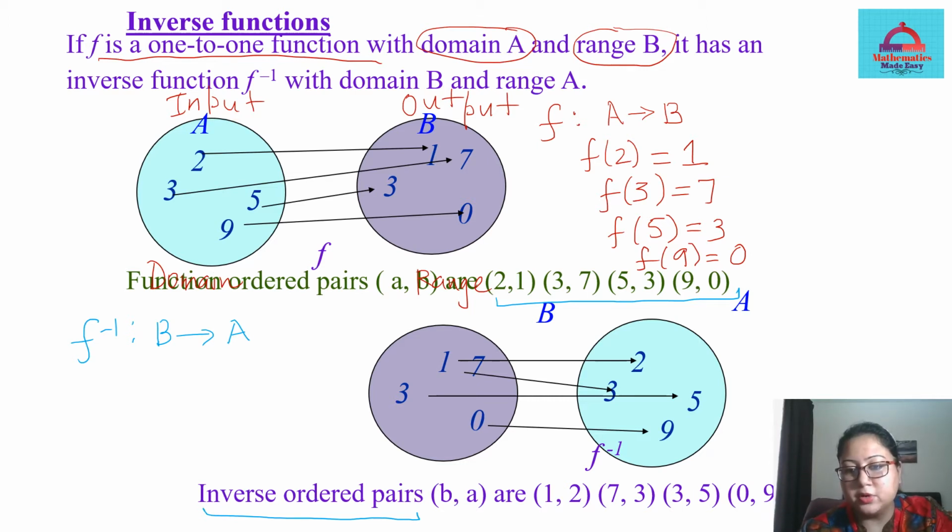So now the new coordinates become (1, 2), (7, 3), (3, 5) and (0, 9). This was a quick introduction, or in fact a recall from your previous classes, for inverse function. Now that you have the concept, let's get on further and get to know more about these functions.